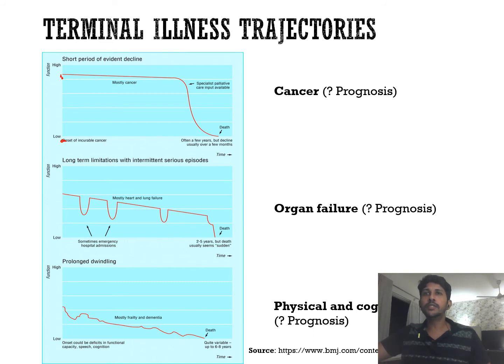And then moving on to the second forms of illnesses, they are organ failures, including chronic obstructive pulmonary disease and chronic kidney disease. So these patients are being diagnosed at a point where there is already a deterioration of the organ function to some extent. So this is the point of diagnosis, and this is where their functional status is to start with. And then there is a gradual decline in the functional status, and you may see these dips, these troughs in between.